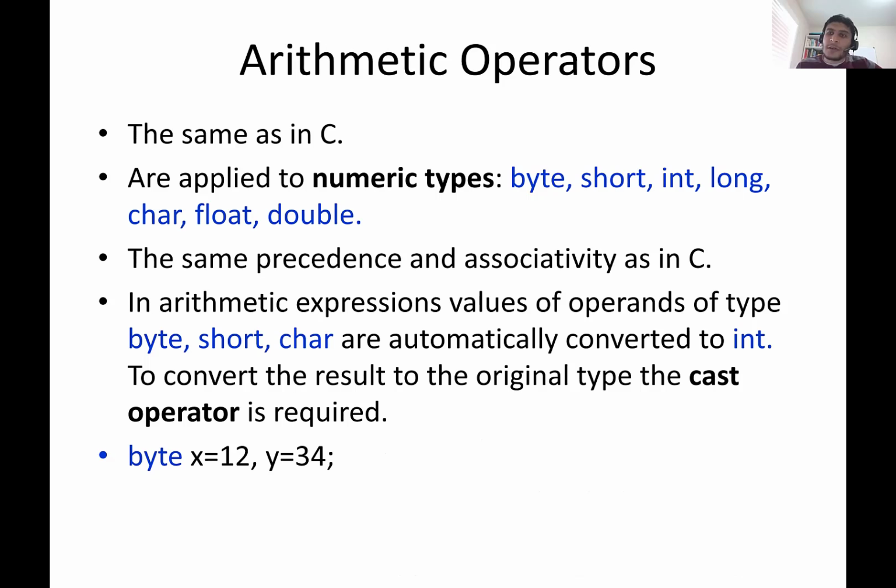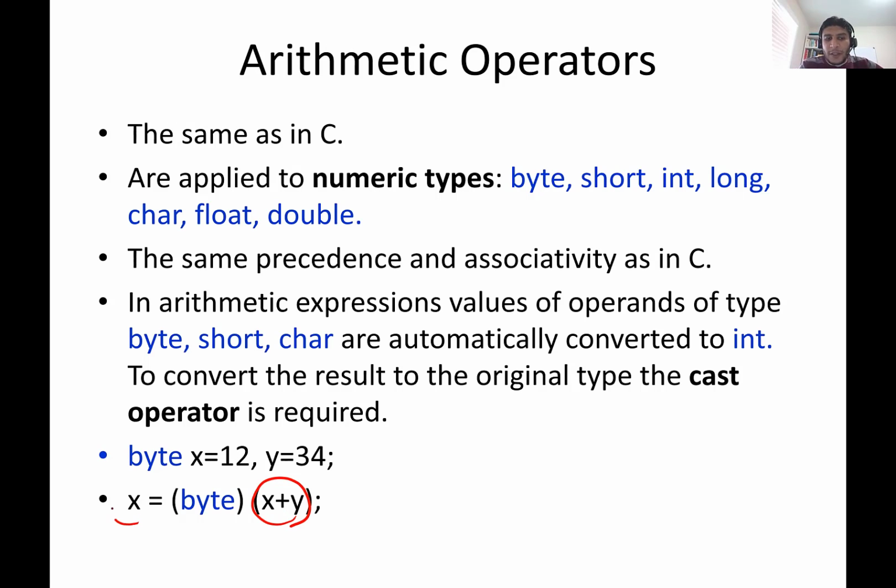One thing about the arithmetic operations: similar to C, we had int, unsigned, character, short, and byte. When you do an arithmetic operation on any of these types, by default they are converted to int. So the result is an int. For example, if I define something as byte, which is nothing other than an int of only 1 byte, and then I do addition, although x and y are bytes, the result is int.